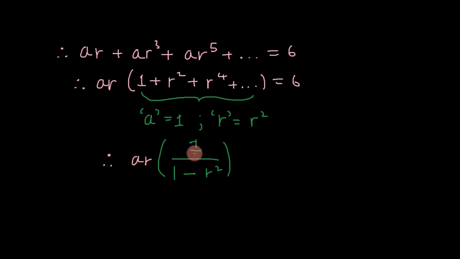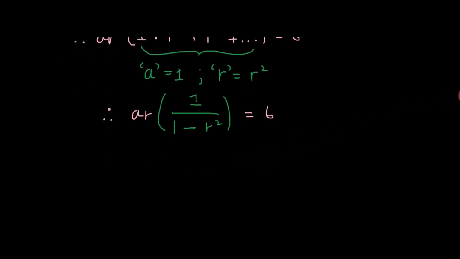So ar multiplied by 1 over 1 minus r squared will give us 6. We can simplify this. Ar times 1 is ar. And in the denominator we have a difference of squares, which we can write as 1 minus r times 1 plus r. We're going to call this equation 2.